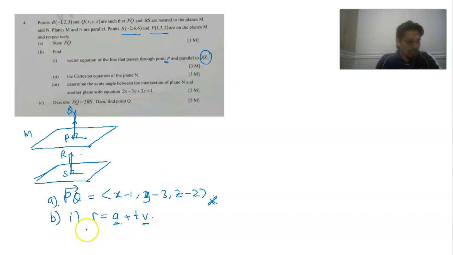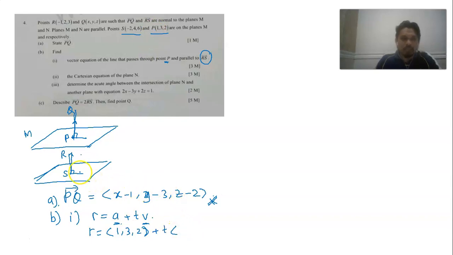So then r equals a, which is P. What is the coordinate of P just now? P is (1, 3, 2), plus t v.